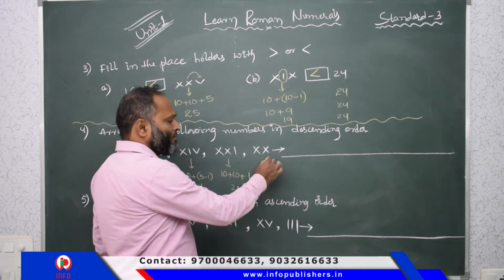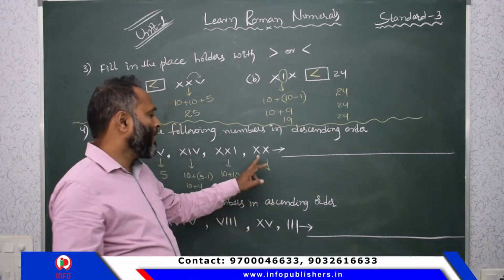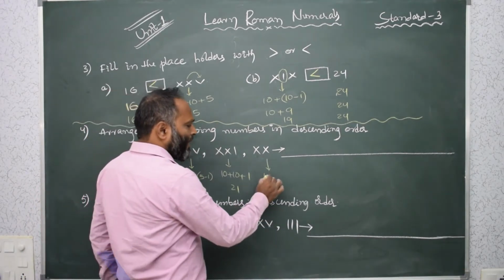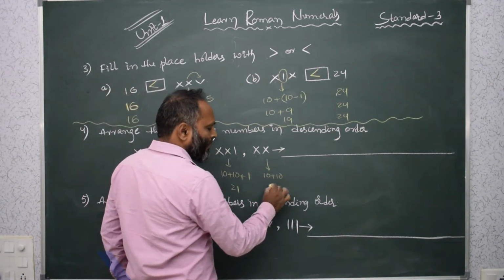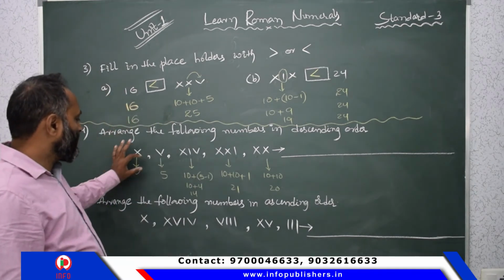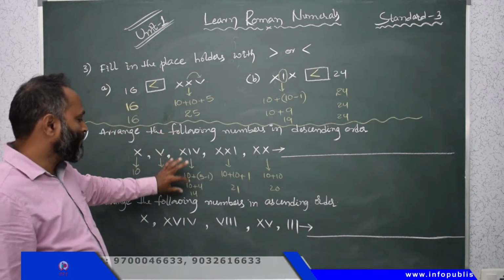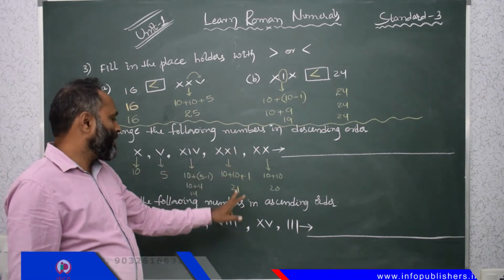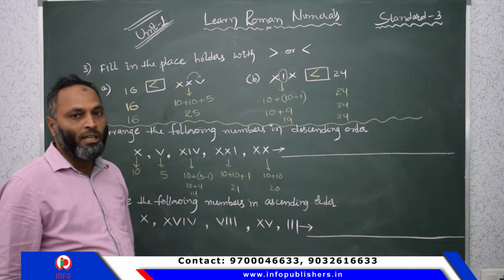Then here the Roman numeral repeats 2 times. Repeat means add, 10 plus 10, 20. So the first one is 10, the second one is 5, the third one is 14, the fourth one is 21, the fifth one is 20.